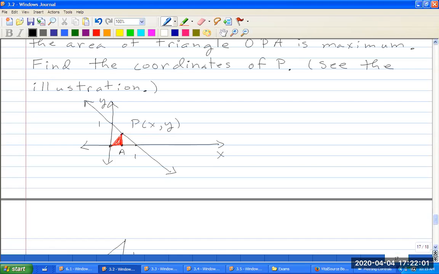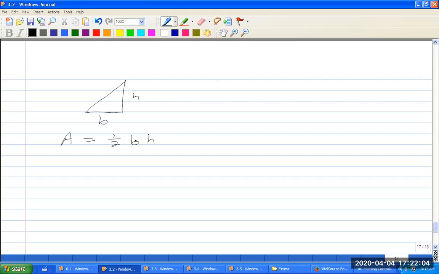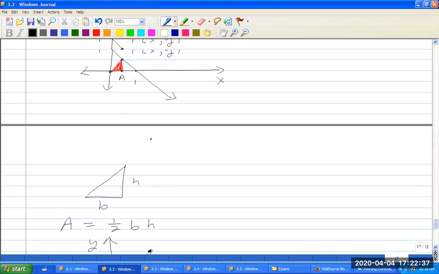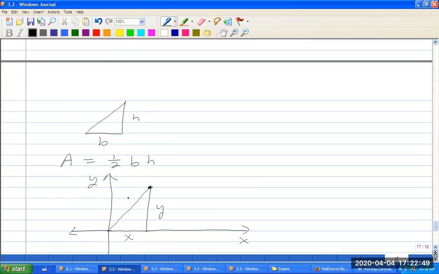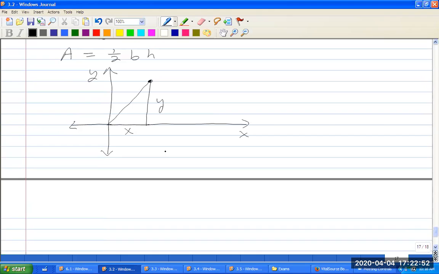This will be X, and this will be Y. Because we're in the first quadrant, the coordinates X, Y correspond to these lengths here.